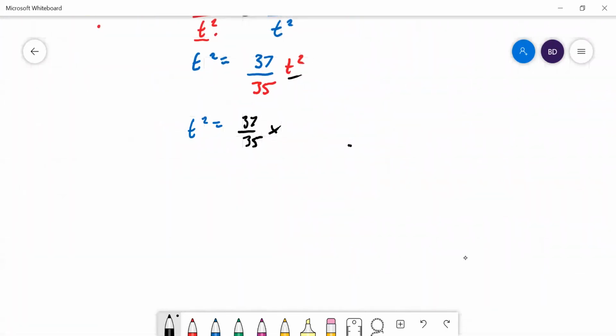So we want 1.89 times 10 to the minus 6, squared. So t squared is 3.776 times 10 to the minus 12 seconds squared.